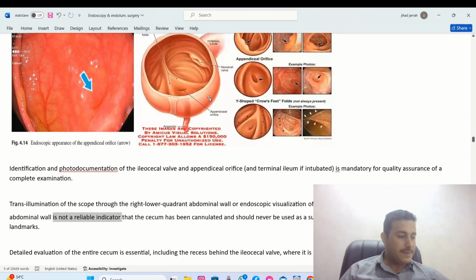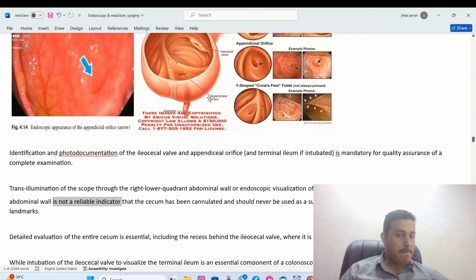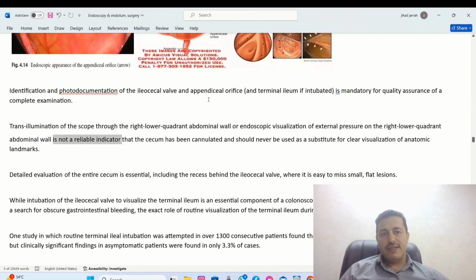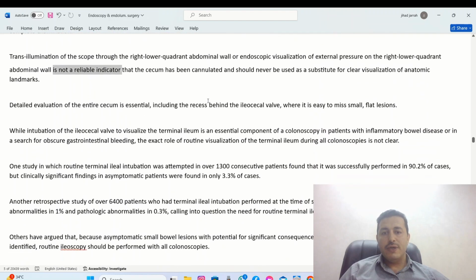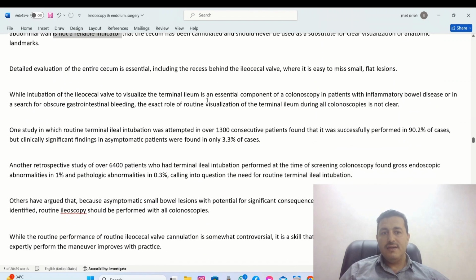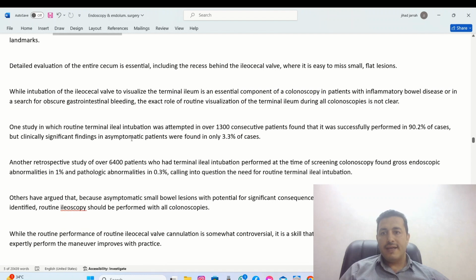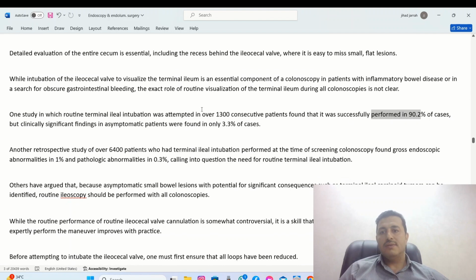Okay, what else? The success rate of intubation, you can see here, is that routine ileal intubation in one study was found to be successful in 90%, which is good.